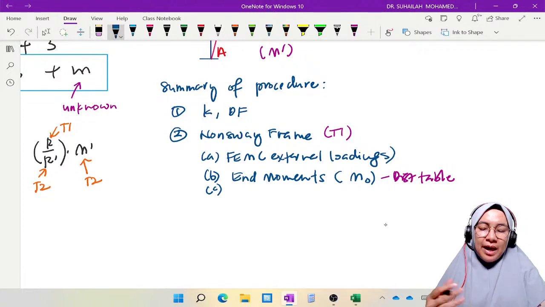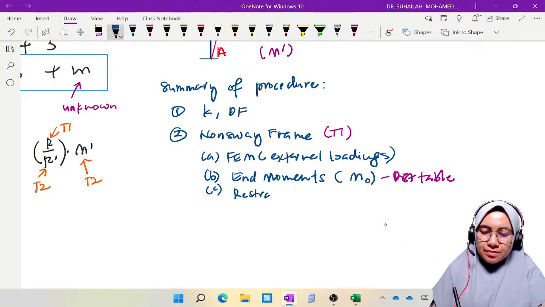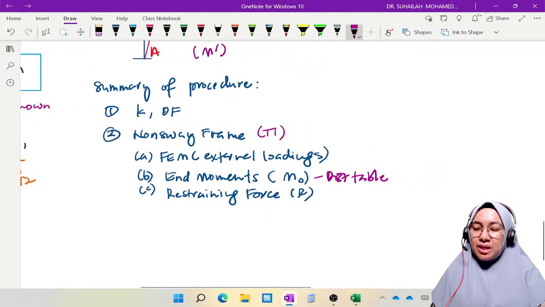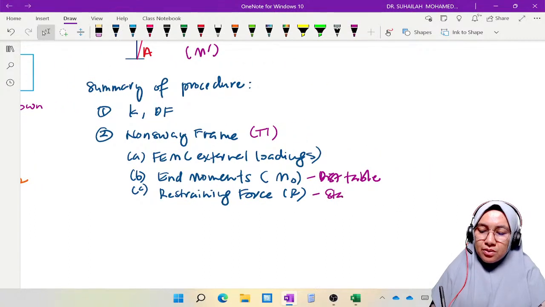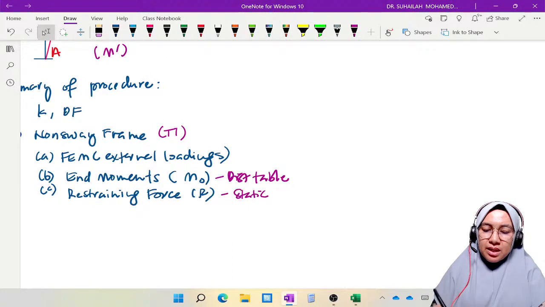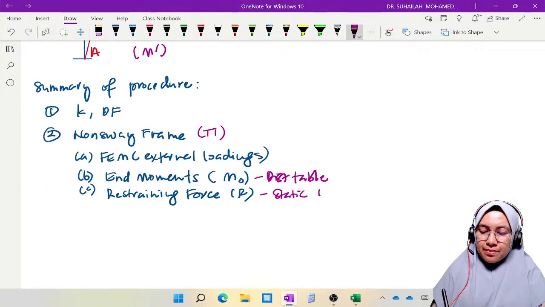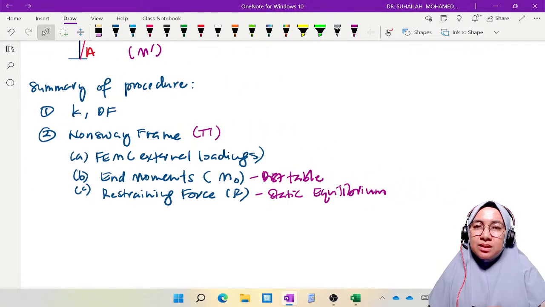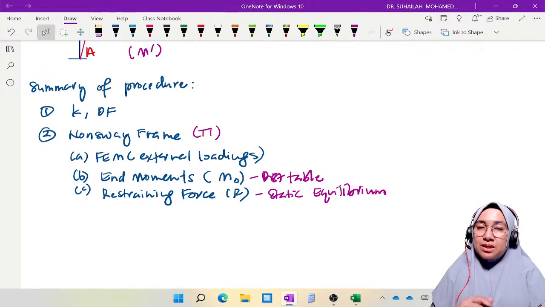After having the end moments, we need to calculate R, the restraining force. We calculate this R using static equilibrium. This is actually the third step, but this is the first table.